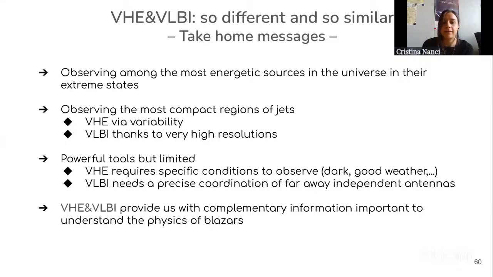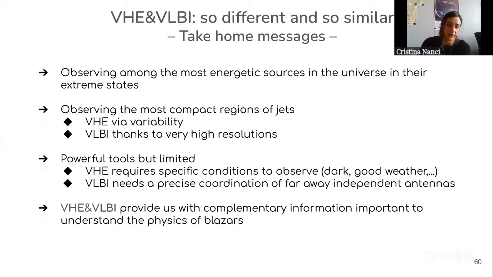These techniques allow us to study very compact sources in the blazar jets: very high energy via variability, and VLBI thanks to its very high angular resolution. We have two very nice techniques, but they are limited. In the very high energy case, we require specific conditions to observe.